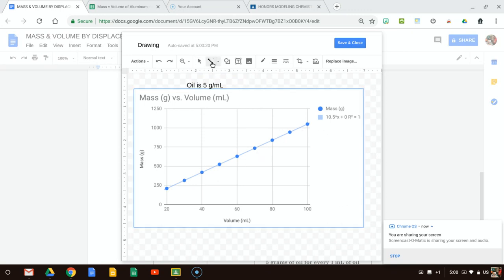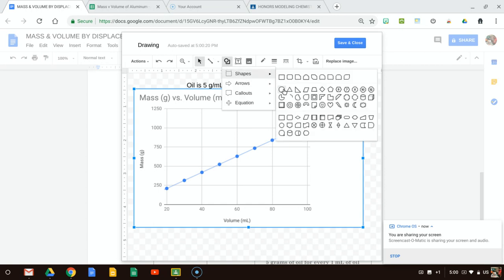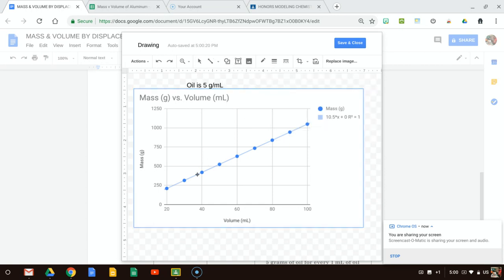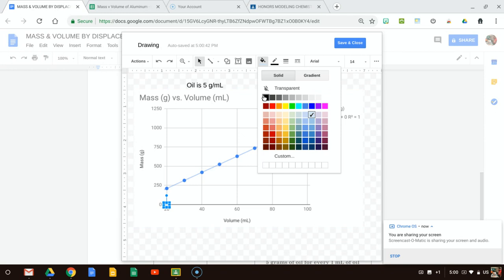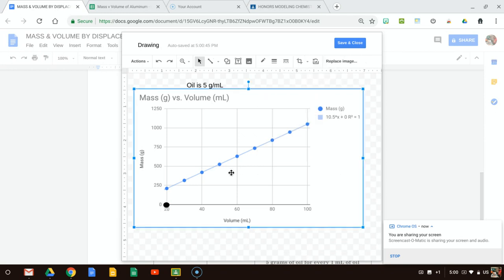Let me start making points or drawing a line. There is one data point that I know for sure for all of these graphs, and that's 0, 0. I'm going to make sure that it's shaded in dark, black. That's a data point that I know.